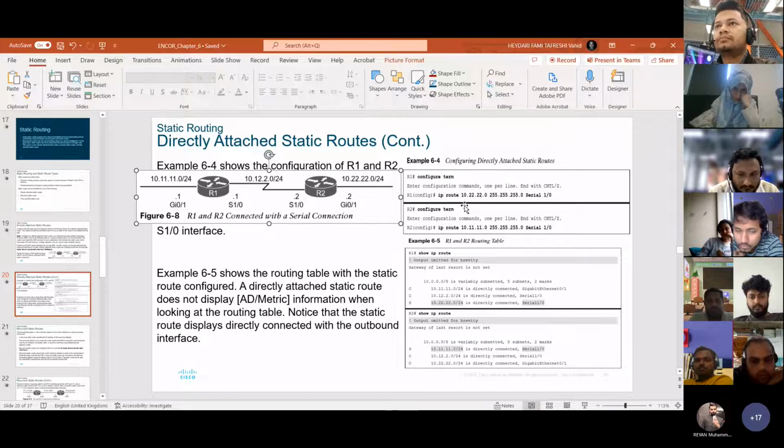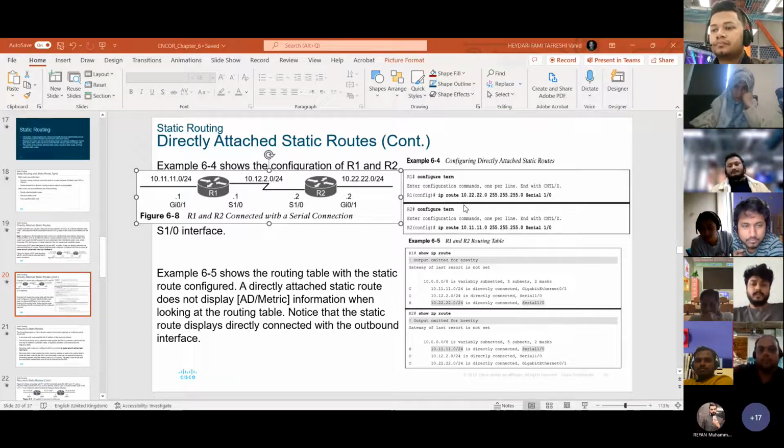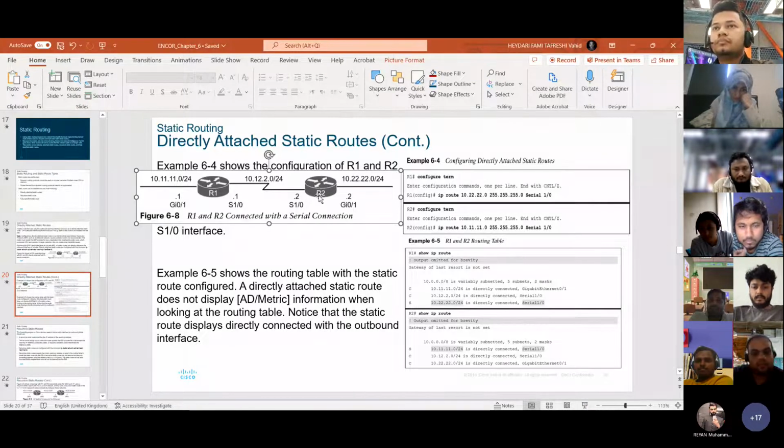Does that make sense? Yes, sir. Good. Similarly, here on R2, show IP route: 10.11.11.0/24 is now accessible through serial 1/0.